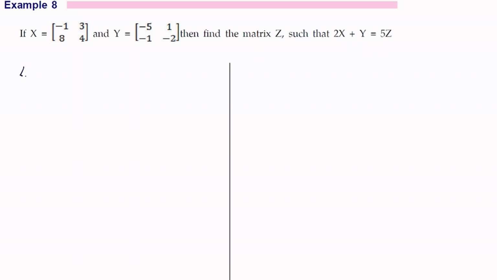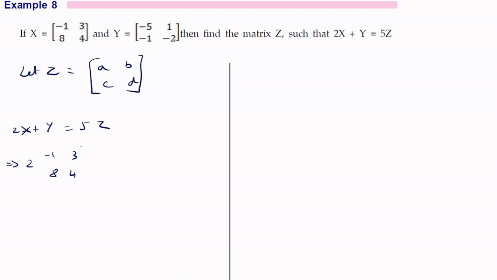So here let us take z as the matrix A, B, C and D. So 2x plus y equal to 5z implies 2 into the matrix X plus y. This is equal to 5 into matrix Z.